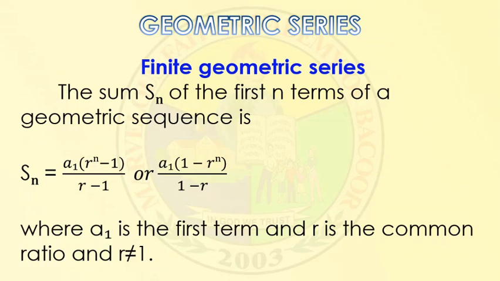Okay, so in solving finite geometric series, the sum S sub n of the first n terms of a geometric sequence is S sub n equals the first term times quantity R raised to n minus 1 over R minus 1, or first term times quantity 1 minus R raised to n over 1 minus R. Okay, so kung mapapansin ninyo, ang pinagkaiba lang dyan is yung place ng 1 at ng R. Dito sa una, nauna yung R, pero sa pangalawa ay nauna yung 1.